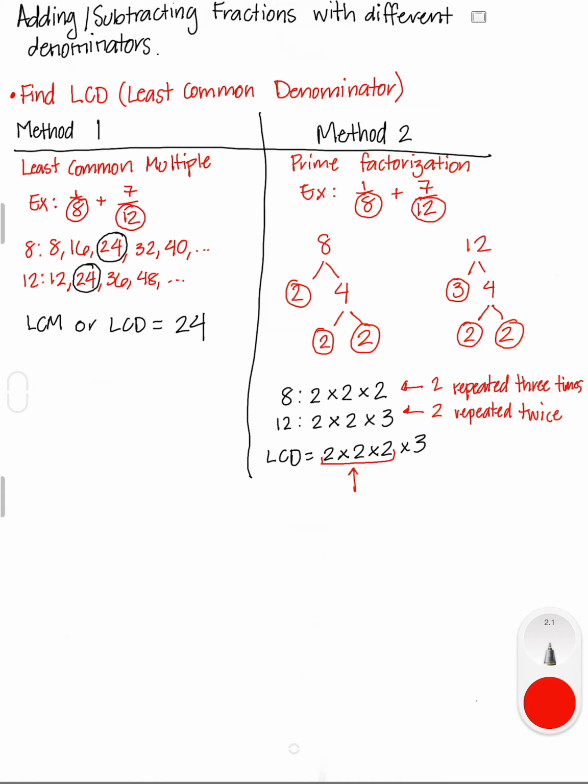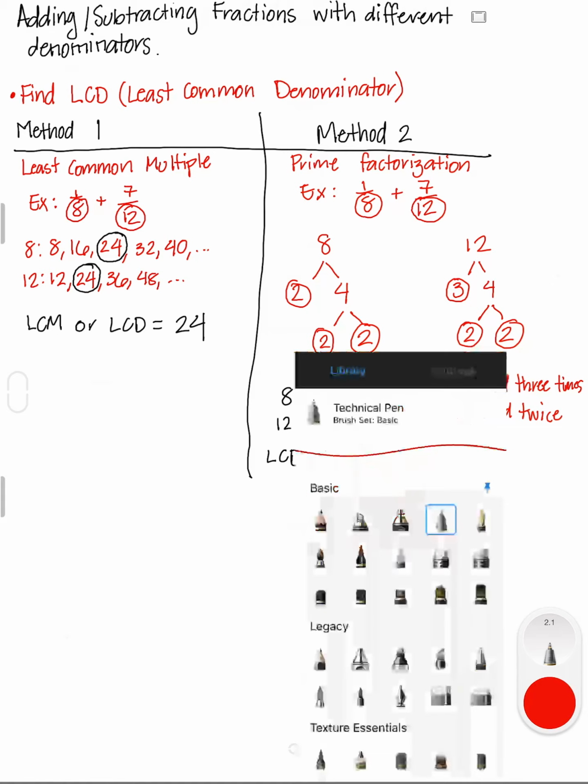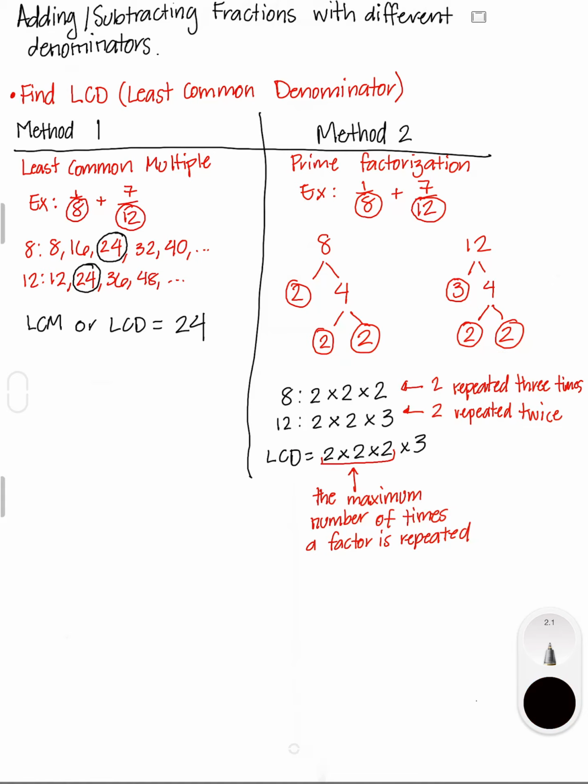That's the reason why we're doing the number 2 three times. So in the LCD, you take the maximum number of times a factor is repeated. So our LCD is going to be 2 times 2 times 2 times 3, which is 24.